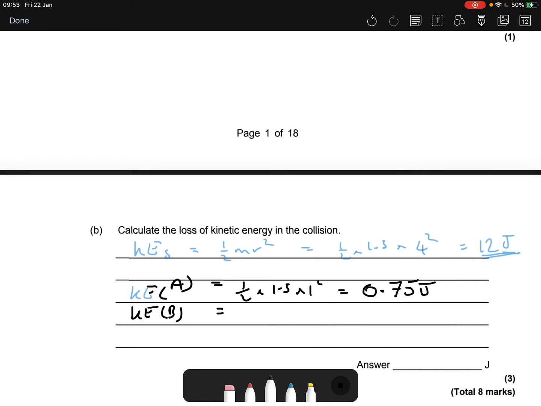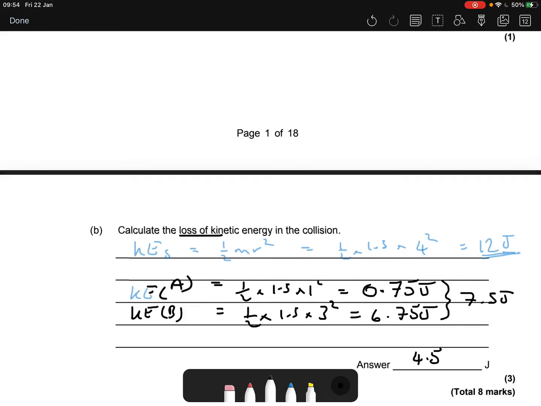The kinetic energy of B is equal to a half times 1.5 times 3 squared. So I've got 1.5 times 0.5 times 9, and I've got 6.75. Add them together, and I've got 7.5.